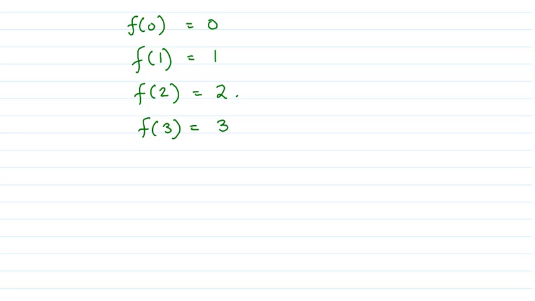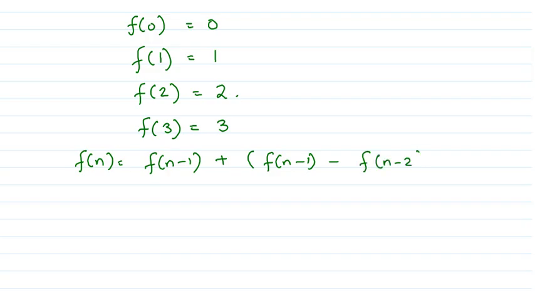Can we have a recursive formula for it? That is going to be f of n equals f of n minus 1, the plants you had in the previous year, plus f of n minus 1 minus f of n minus 2.